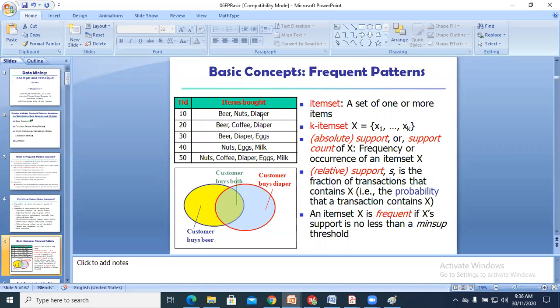Because in the item set we have many possibilities, but without the minimum support threshold, we will not be able to find which product is more frequently purchased, right? So the minimum support criteria is used to find the frequent pattern.